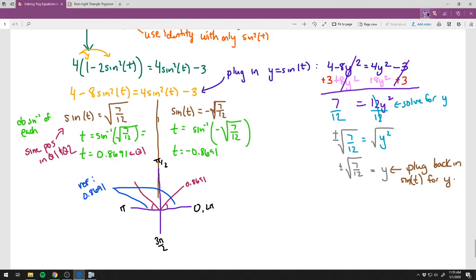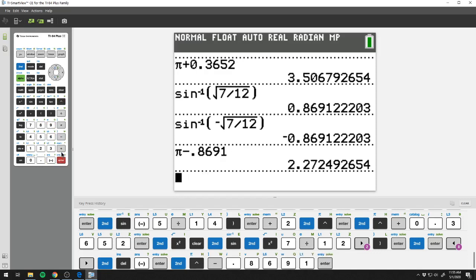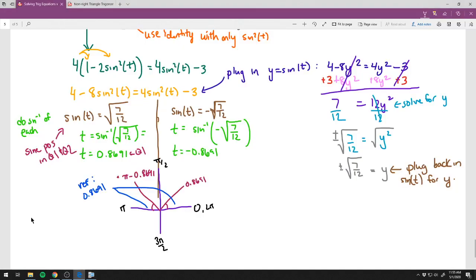So that means our quadrant 2 angle is pi minus 0.8691. We'll go ahead and type that in. And we get 2.272. So we've got two answers that are going to make up our final answer here. So far, we've got 0.8691 and 2.272.